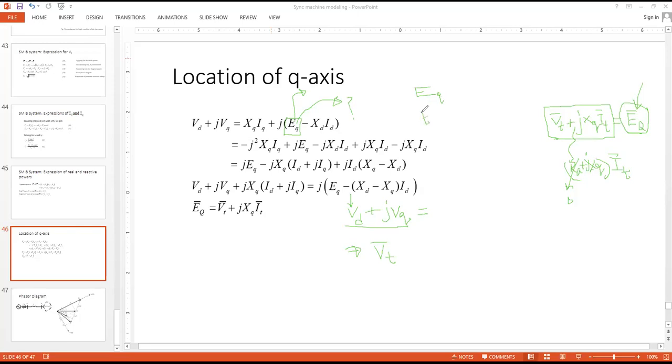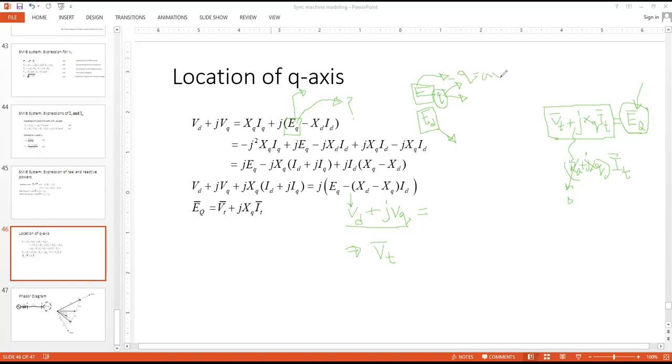Let's say if you had ED instead of EQ, what should come to your mind at first? Along which axis is it aligned? E stands for some voltage, right? So E is a voltage, some sort of internal voltage. The Q means this EQ should be lying along the Q axis, isn't it?